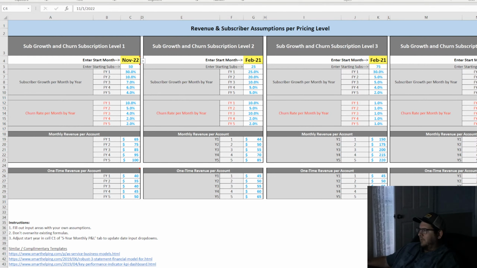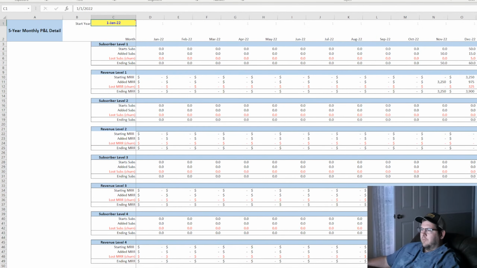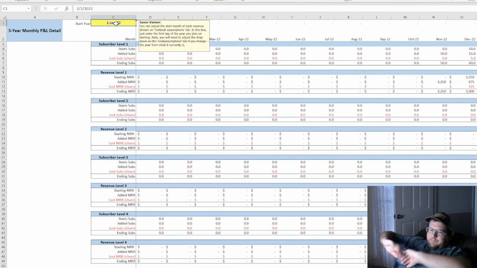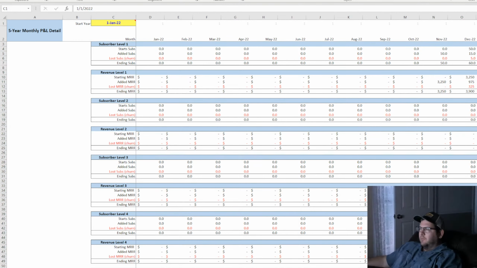On your 5-year P&L, your row 2 is double wide. On the 5-year monthly, what do you mean double wide?